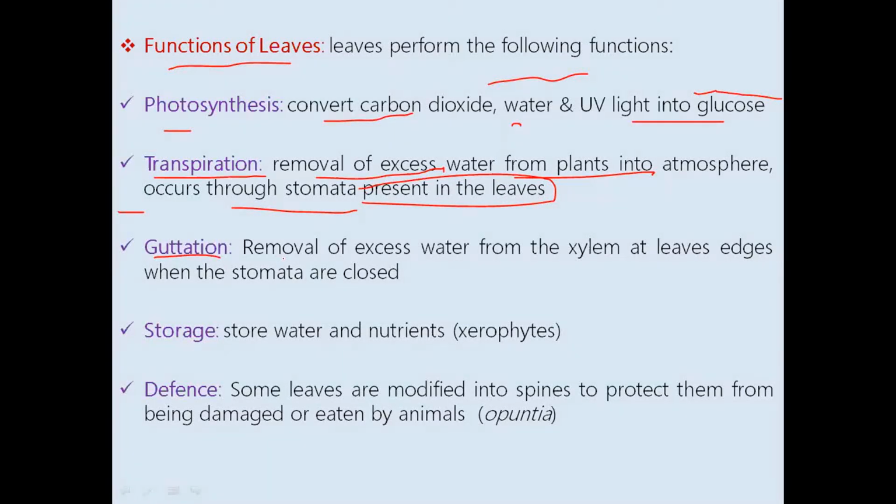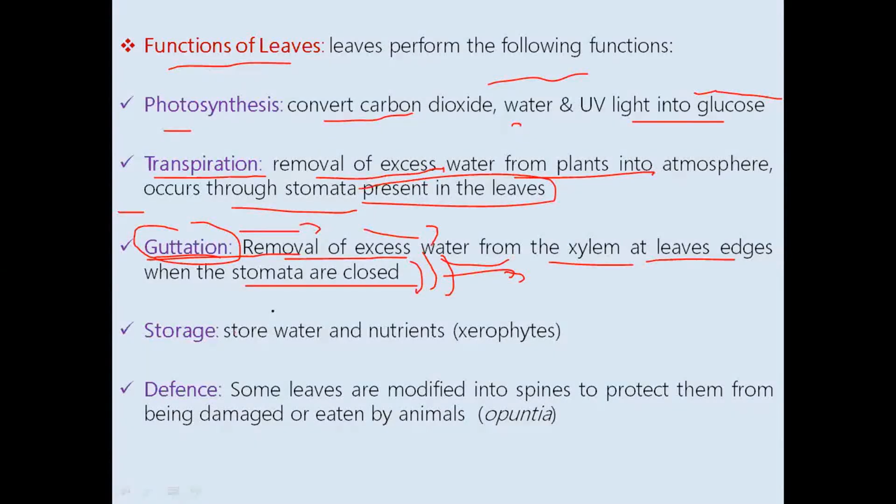Here it is also the removal of excess water from the xylem at leaf edges by the pores known as hydathodes, and this process occurs when the stomata are closed. So it also removes excess water, and this phenomenon can be easily seen in the morning when drops of water are present at leaf edges.